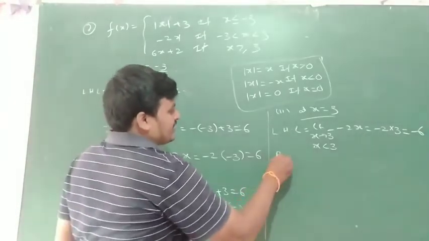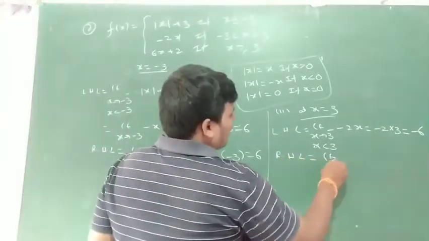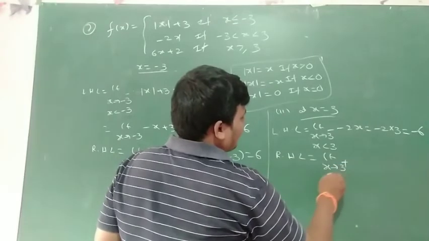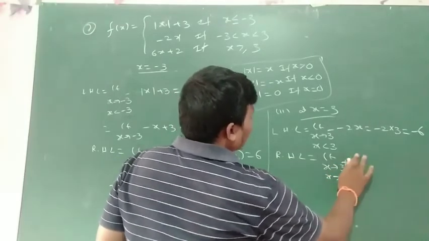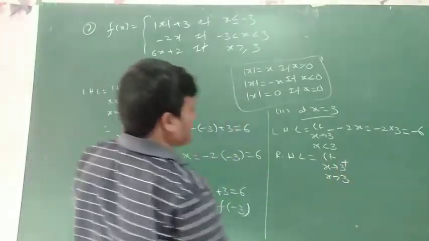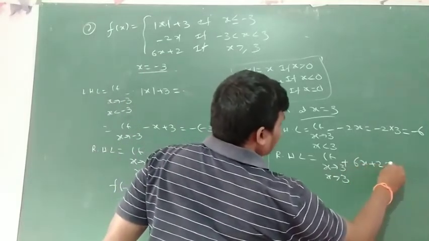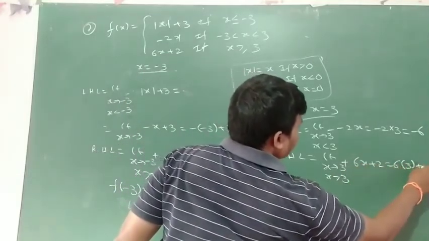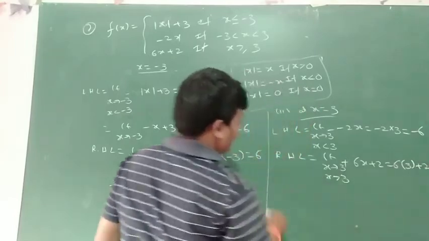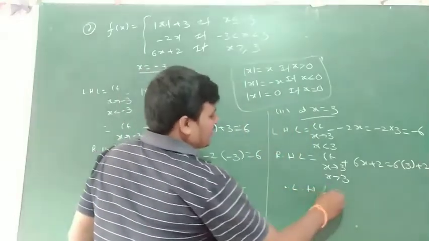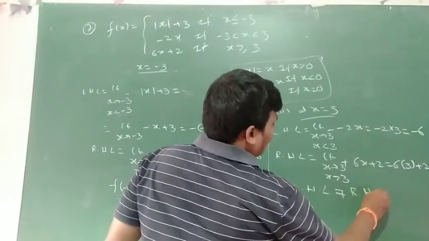So RHL is equal to limit x tends to 3 plus. 3 plus means greater than 3, so we use 6x plus 2. 6 into 3 plus 2 is equal to 20. Therefore LHL is not equal to RHL.